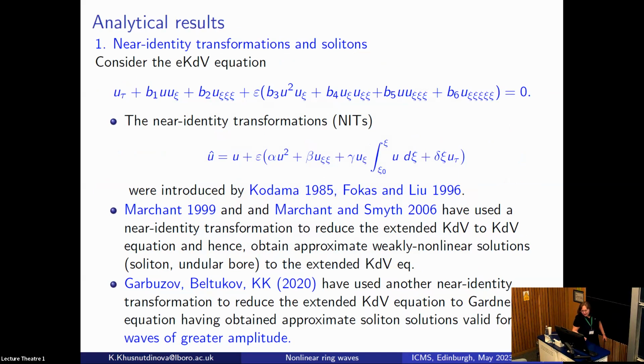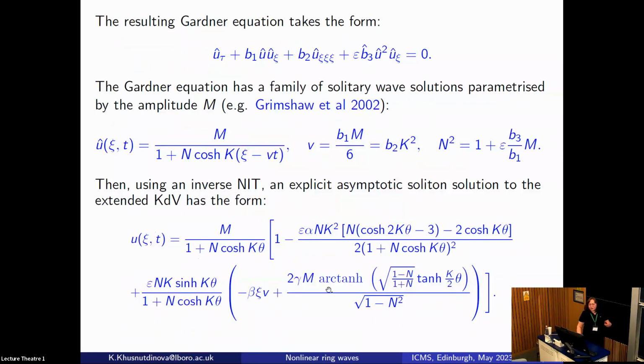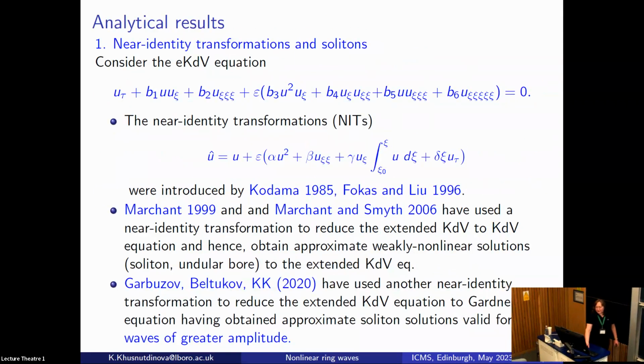And then we use the near-identity transformation to reduce the extended KdV, not to KdV as Marchant and Smyth, but to Gardner. Okay?